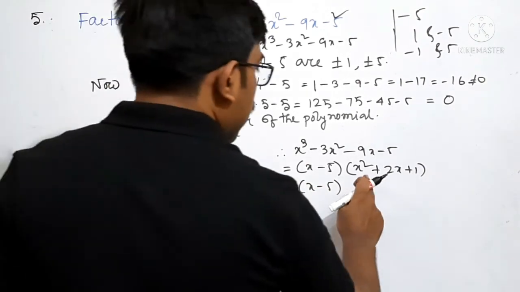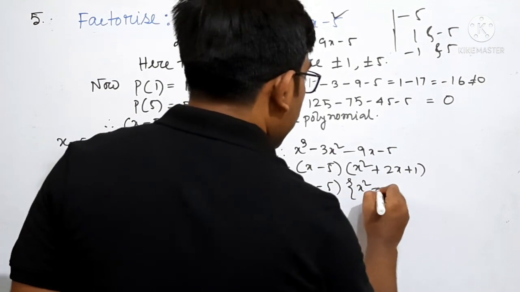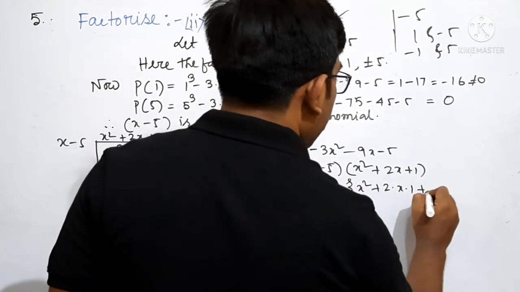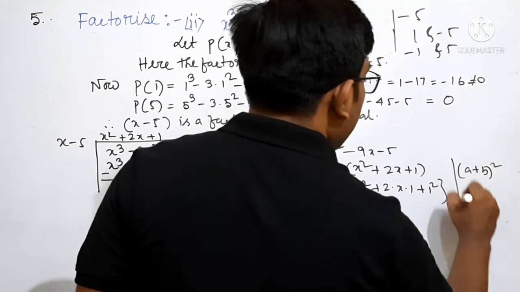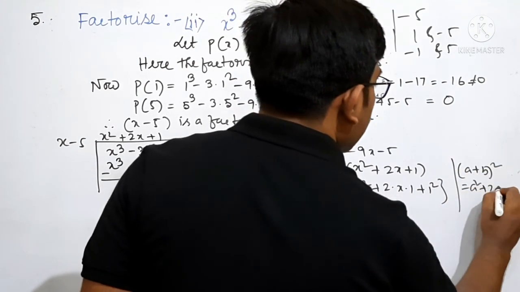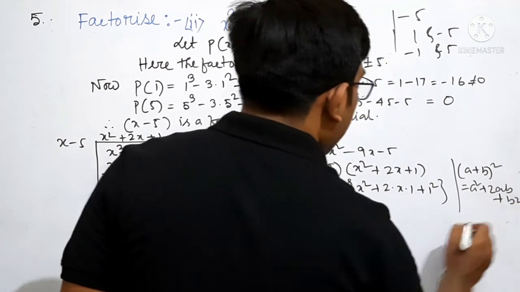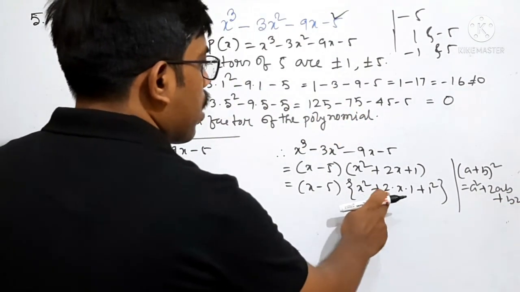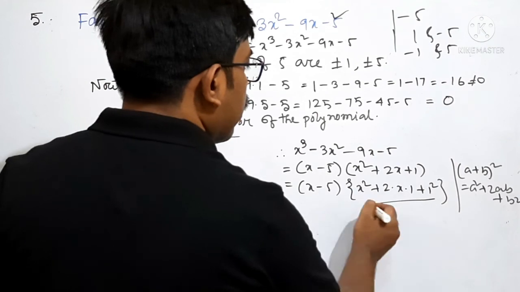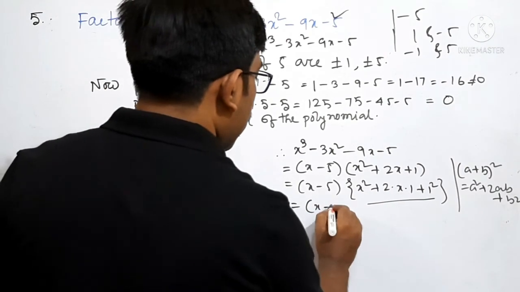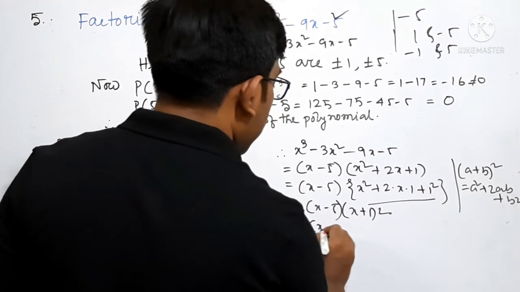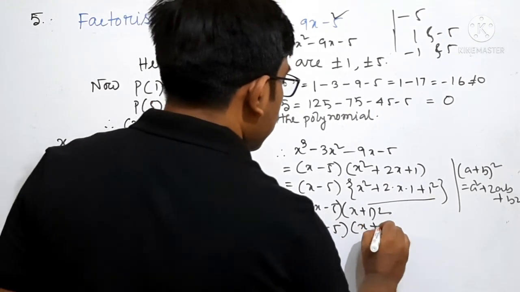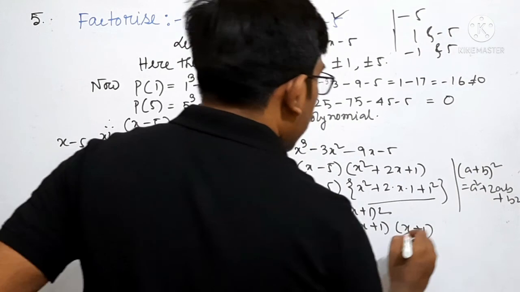It can be written as x square plus 2 into x into 1 plus 1 square, and this is the formula a plus b whole square is equal to a square plus 2ab plus b square. So we can write it as x minus 5 into x plus 1 whole square, or x minus 5 into x plus 1 into x plus 1.